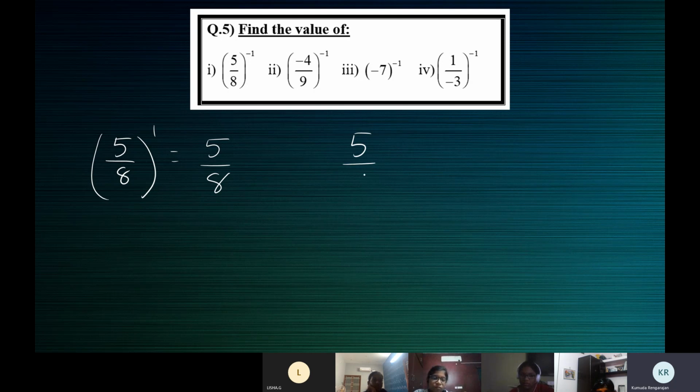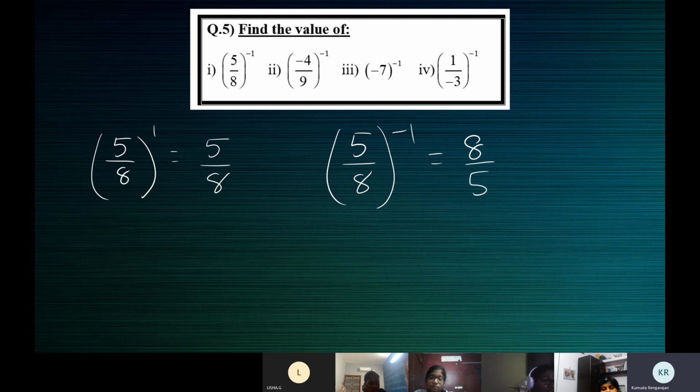The value of 5 by 8 to the power minus 1 is nothing but the reciprocal of the number, which is 8 by 5. So the symbolic way, when you raise a rational number to the power minus 1, you are expected to write the reciprocal of that rational number in the bracket. See, there is a bracket. There is some rational number in the bracket raised to the power minus 1. When the power is minus 1, it means reciprocal.